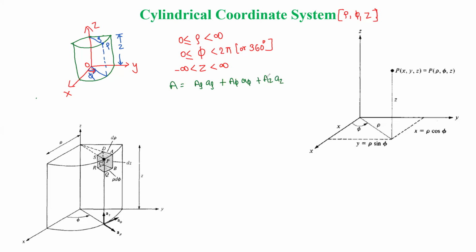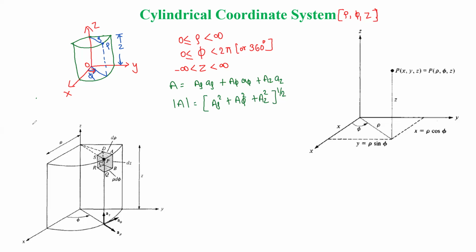To find the magnitude, we write A rho squared plus A phi squared plus Az squared, all under square root, that is, raised to the exponent 1 by 2. This is the discussion of how we represent cylindrical coordinates.